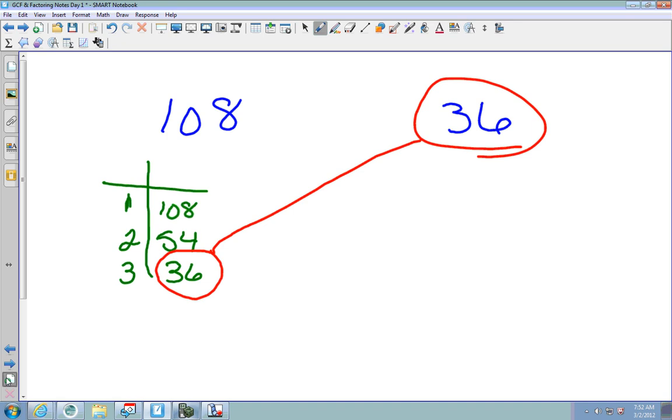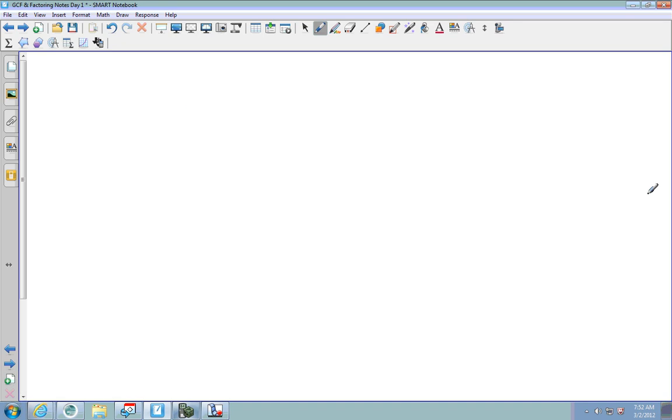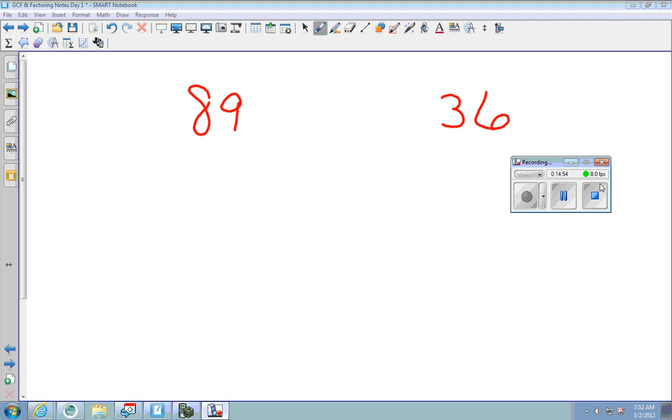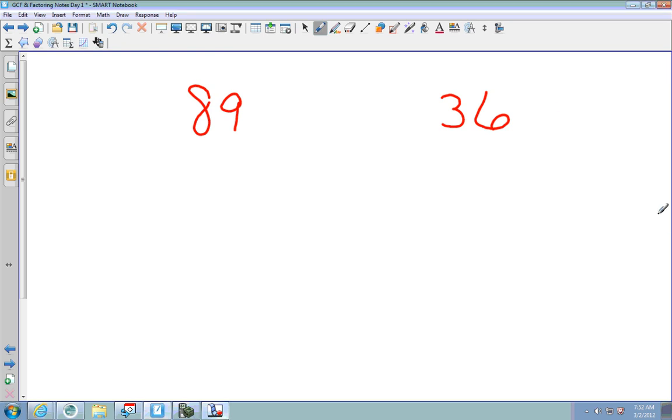Let's see if I can come up with something that maybe doesn't have 36 in it. Try this. Find the GCF of 89 and 36. Okay, so what we'll do, go into the calculator.